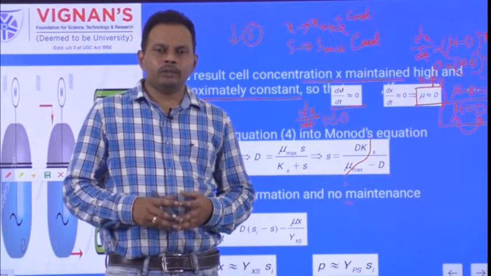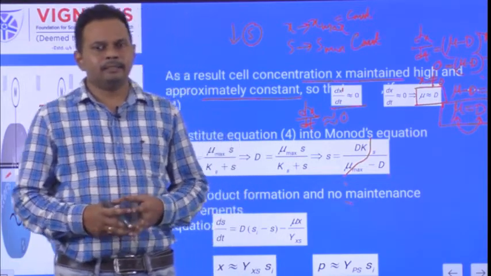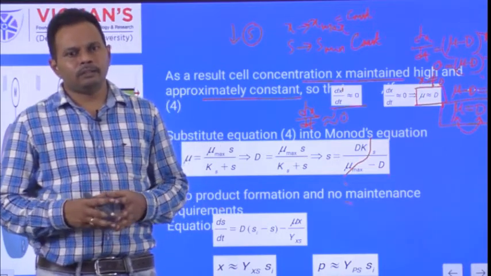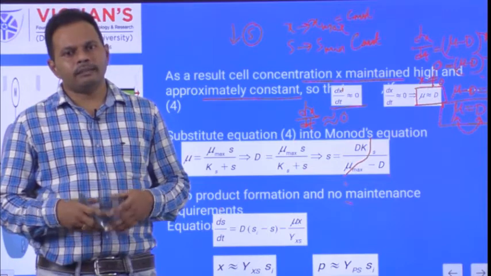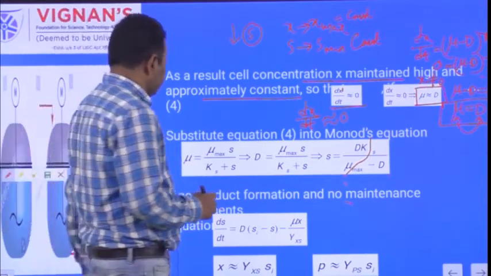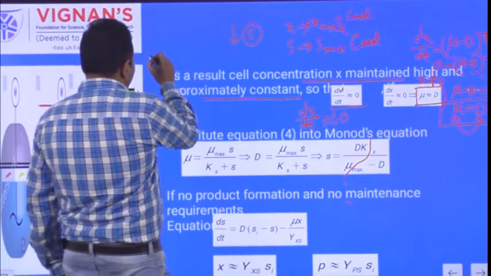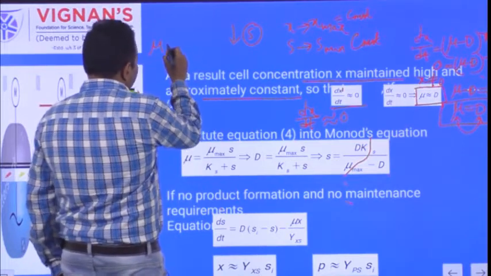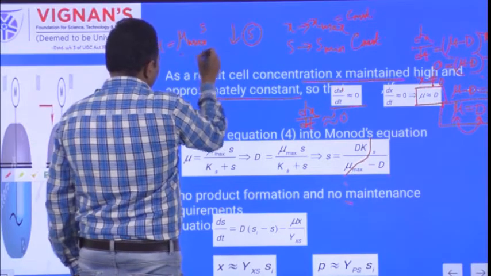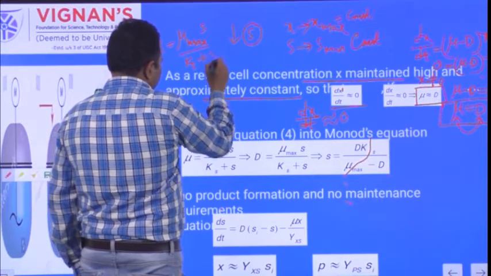In most cases the limiting substrate is the carbon source, sometimes the nitrogen source, and sometimes the oxygen source. The Monod equation says the growth rate of the cells is directly proportional to substrate concentration: mu is equal to mu max into S by Ks plus S.